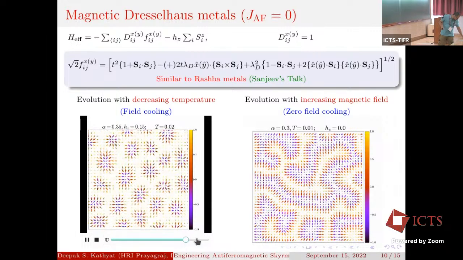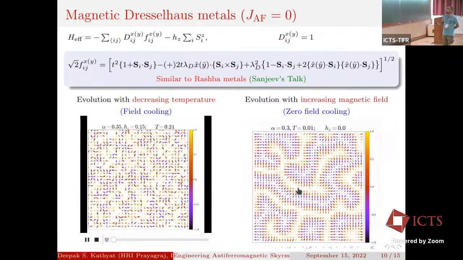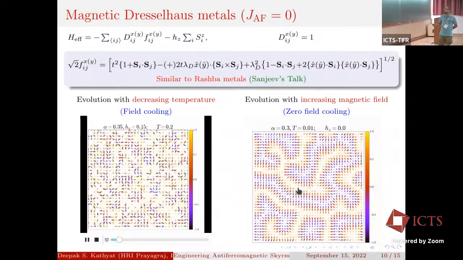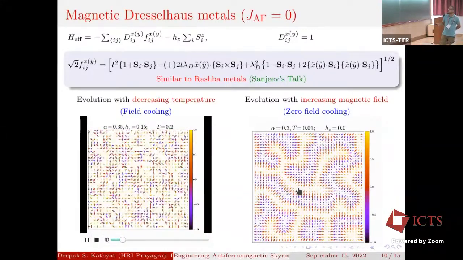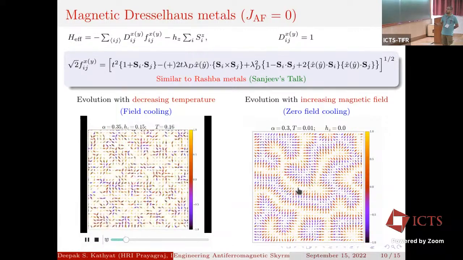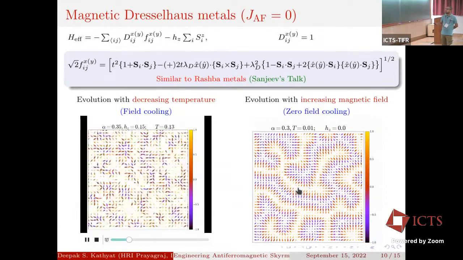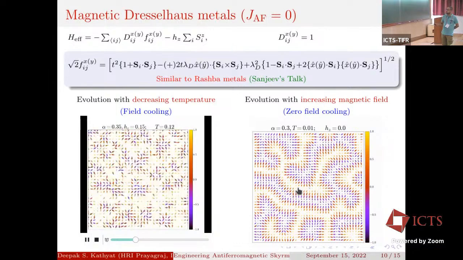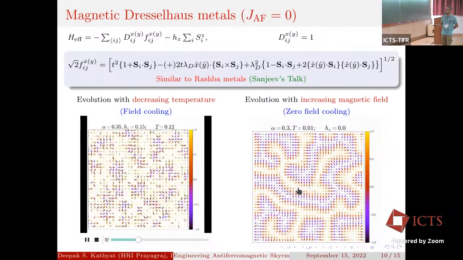There is another calculation with the zero field cooling protocol, where we do the simulation at some finite spin orbit coupling and low temperature, where at zero field we see these domain-like structures as the ground states.